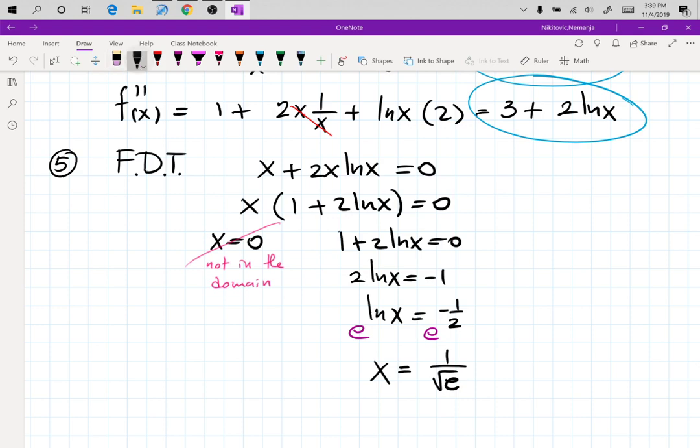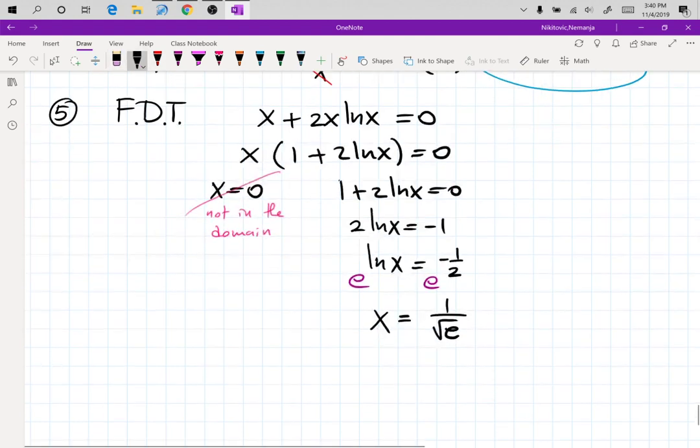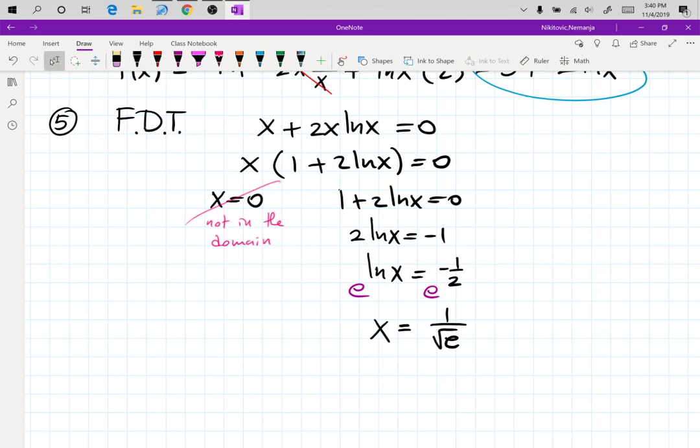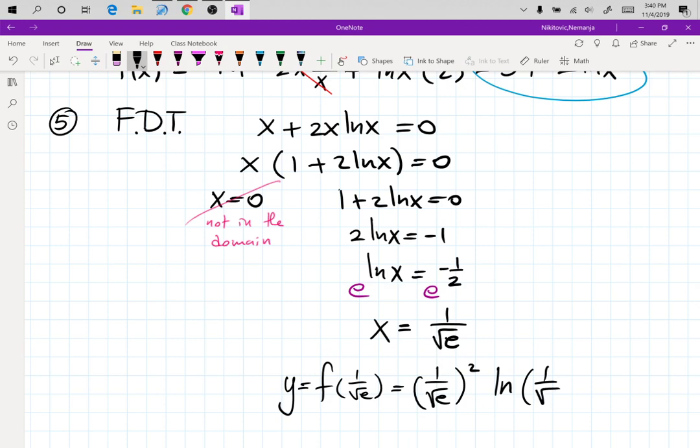So now we can calculate the y value for this, because this is going to be either a minimum or a maximum. So y is equal to the function computed at 1 over square root of e, and that's going to be 1 over square root of e squared times ln of 1 over square root of e.